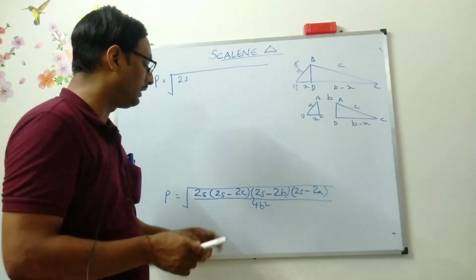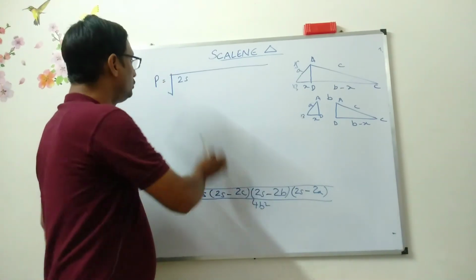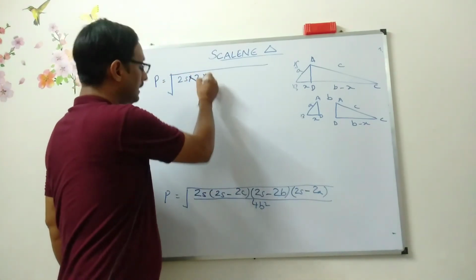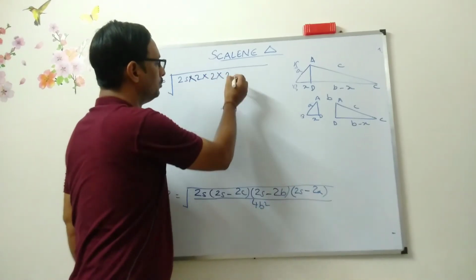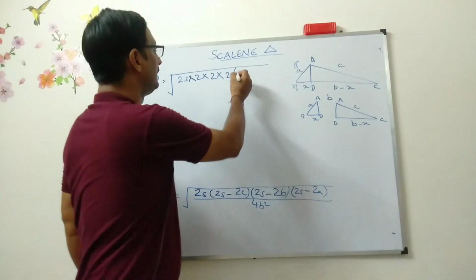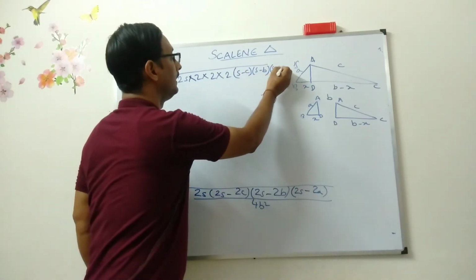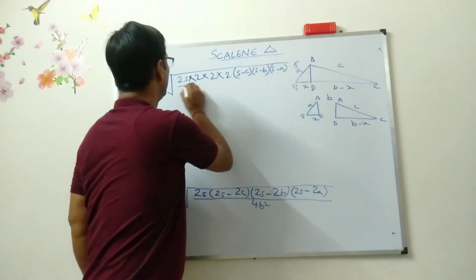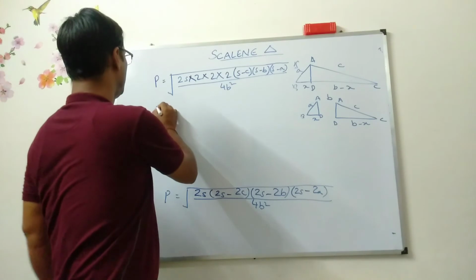So I'll be taking out 2 from each one of them. So 2 you take out, again 2 from this one, and from this also 2. So what will be the remaining? S minus c, s minus b, and s minus a by 4b square.